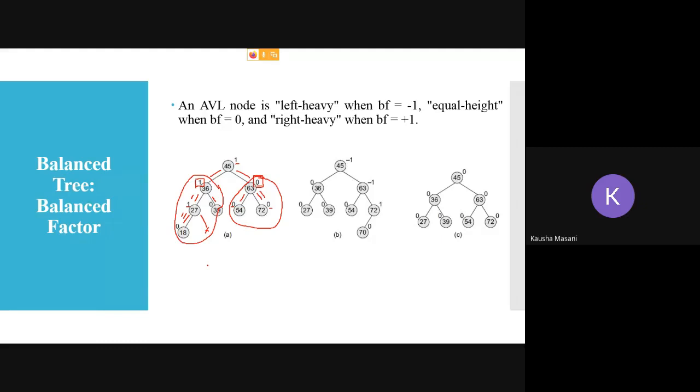That means all the nodes on the left subtree will be less than your root node, and all the nodes on the right subtree shall be greater than your root node.